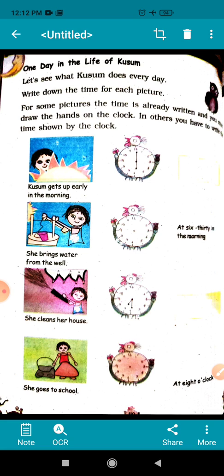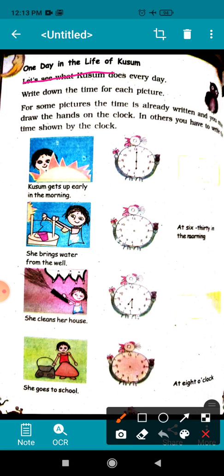Here on this page, you can see one day in the life of Kusum. Here are the pictures of different activities of Kusum, and on the right side, there is a clock. It means Kusum gets up early in the morning at this time.